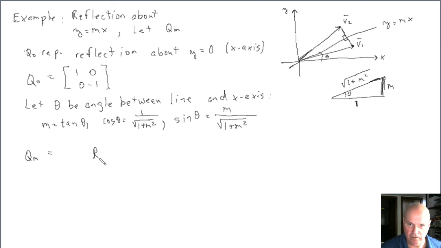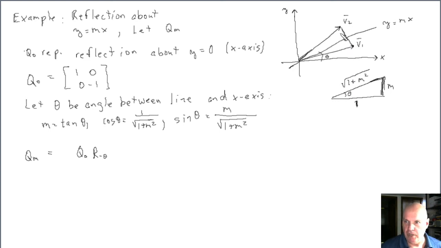So rotation first by minus theta of x. And then that would put the line along the x-axis. And then if I reflect that vector about the x-axis, and that's our Q0 transformation, that would have then the corresponding V2, but now rotated by a negative theta.